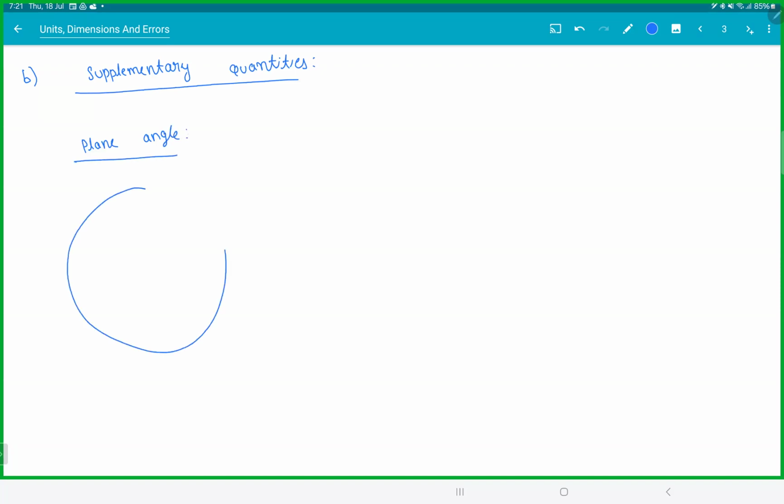This we did in trigonometry. So this is theta, this is your arc length, and this is the radius. So we can see theta is S by R.